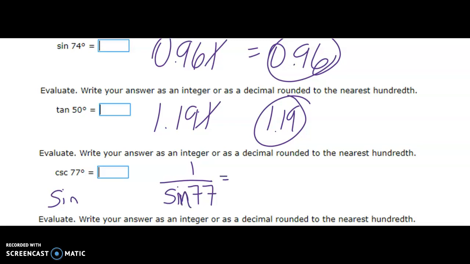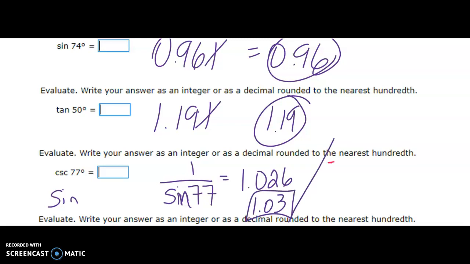If you're on my calculator, obviously you just do fraction 1 down sine 77, enter, 1.026, so 1.03.